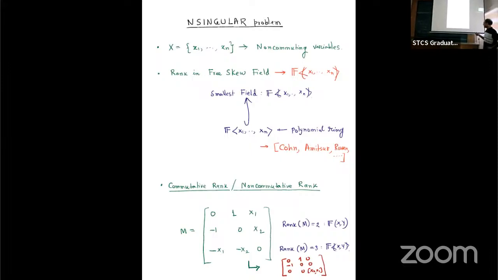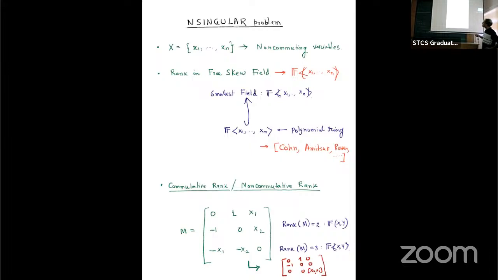Okay, so here is the example that I picked up from Vishnu's: commutative rank and non-commutative rank can be different. So this is a matrix. If you think about these x1, x2 as commutative variables, and you simply do row column operations, you can easily check that the commutative rank of this matrix is 2.